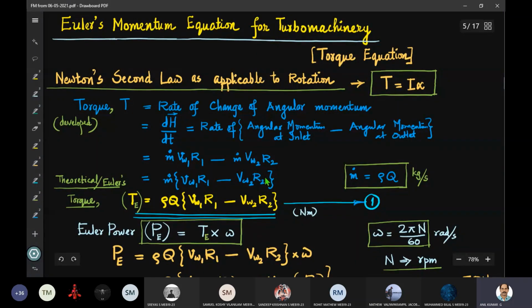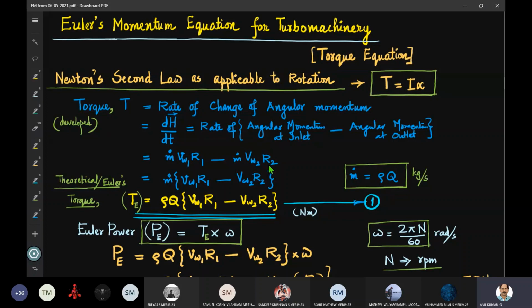Now the rate of angular momentum possessed by the fluid at outlet is the mass flow rate multiplied by the tangential velocity of the fluid at outlet, that is the whirl component Vw2, multiplied by R2. R2 is again the radius of the outlet from the center of the rotating wheel.